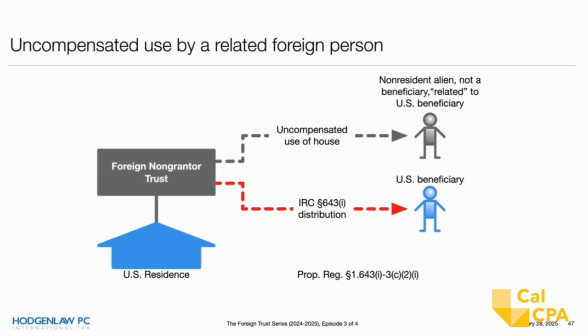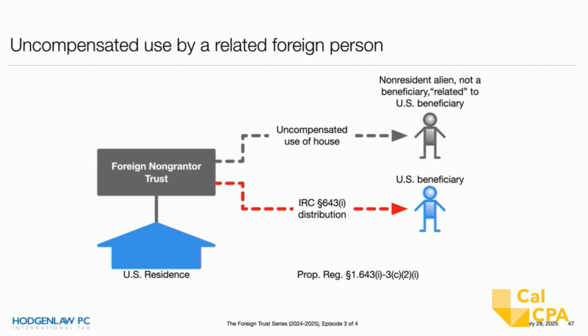So, hey, mom and dad go and they use the condo. Now what happens? They use it for 2 weeks. Answer is that this is a distribution of 2 weeks worth of rental income to the U.S. beneficiary.